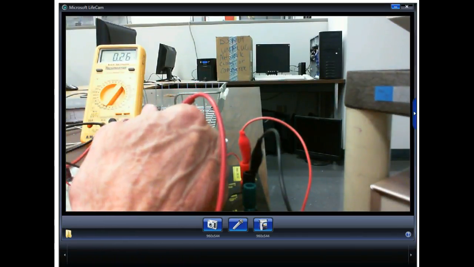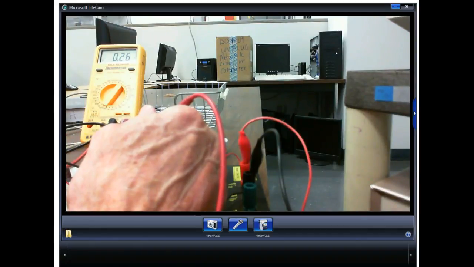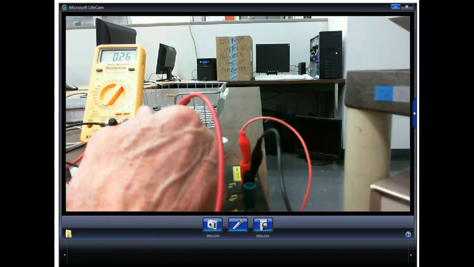There we go. It's gone to 260 millivolts. So there's the 7/10, right? 900 millivolts, 260 millivolts. That's almost exactly 7/10 of a volt.